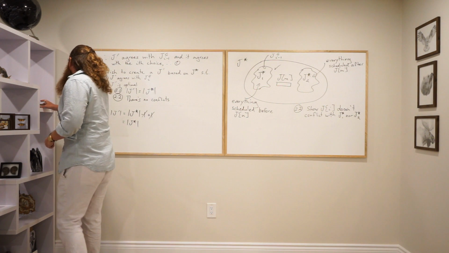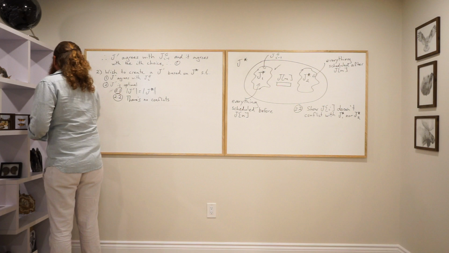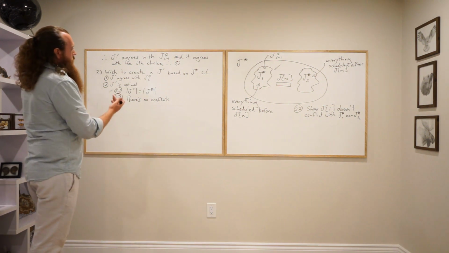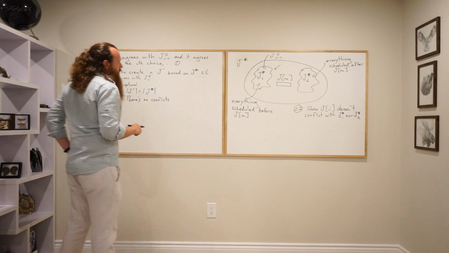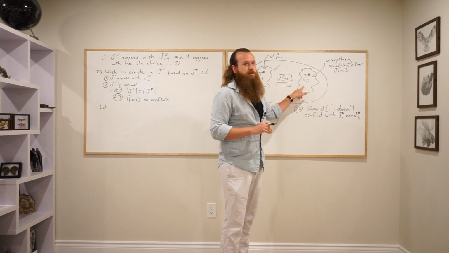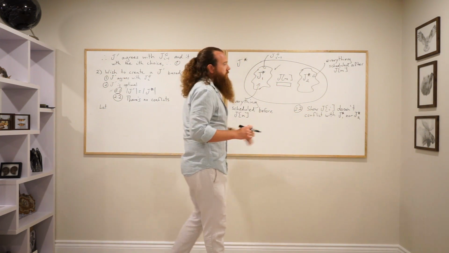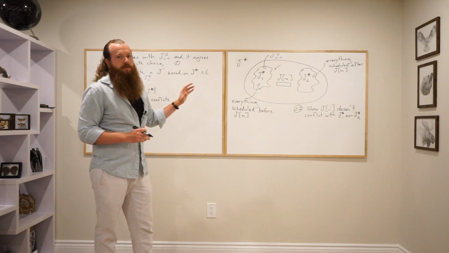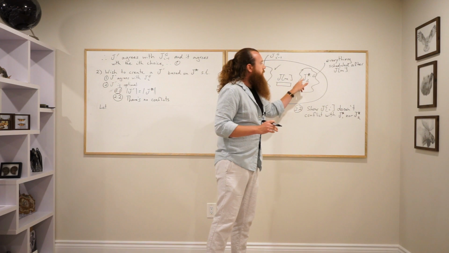What about J star 2? In order to prove that Ji doesn't conflict with any of the jobs in J star 2, it's a little trickier, but actually not too bad. We just have to zone in on a specific job. I'm going to zone in on the first job scheduled in J star 2.